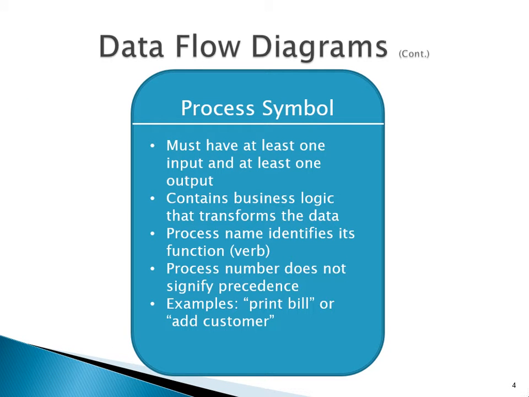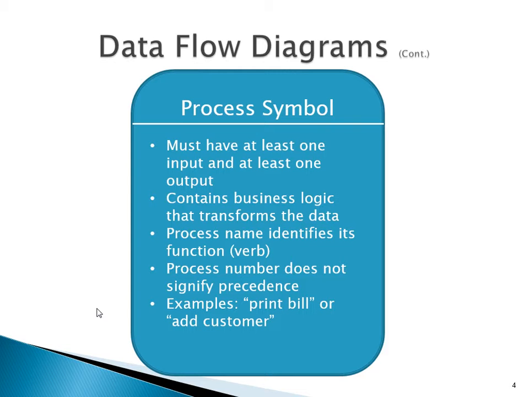This is your process symbol, okay? So when you're rendering your models, processes should be rendered as a square with rounded edges. And you can easily do that either using Visio or Microsoft Word. You guys know how to create shapes in Microsoft Word? You all have taken CIS 110, so I'm not going to take time showing you how to do that, okay? So this is your process symbol.